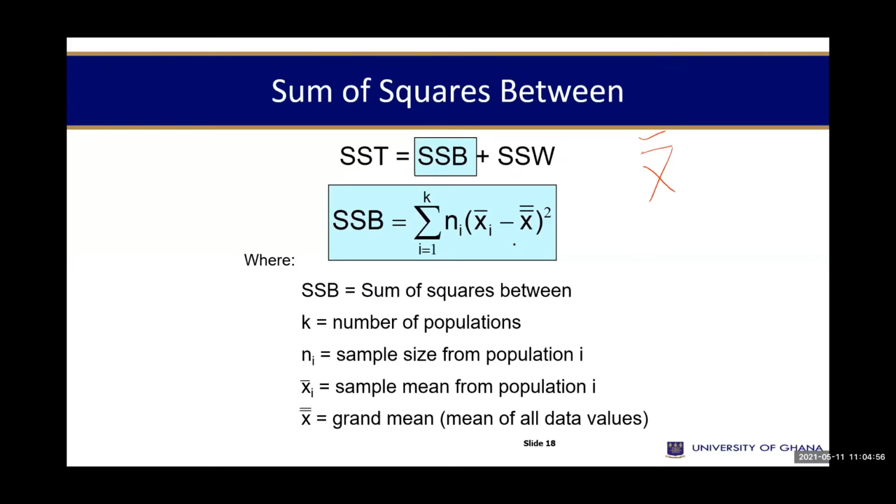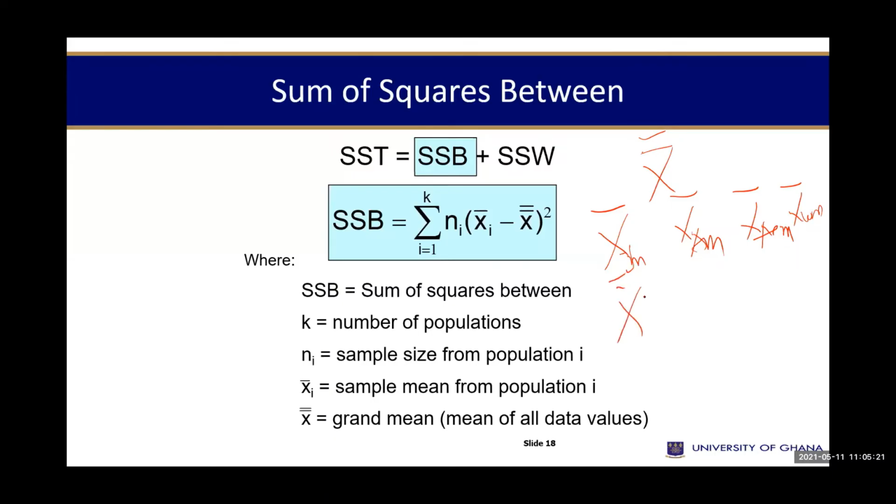So i, or j, goes to the respective groups. So if I need to know the sample mean for Junction Mall, sample mean for Accra Mall, sample mean for Achimota Mall, and sample mean for West Hills Mall, I have 4 sample means.